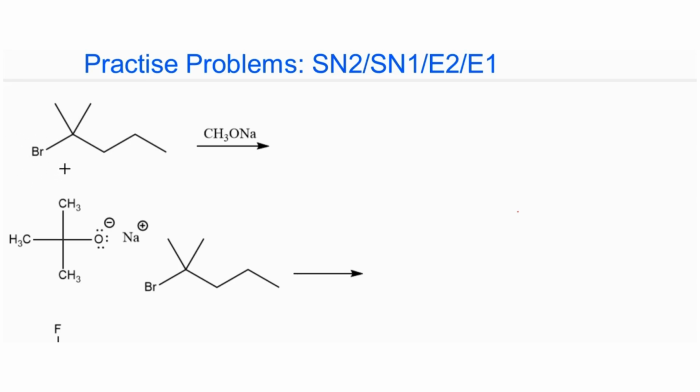This is a tertiary alkyl halide, and this is a strong base. As we know, a tertiary alkyl halide will not undergo SN2 reactions, so there may be a possibility of SN1, E2 or E1, but here this is a strong base, and this mainly helps to go forward for the E2 reaction. It will take the proton from the beta carbon. The halogen-connected carbon is the alpha carbon and this is the beta carbon.